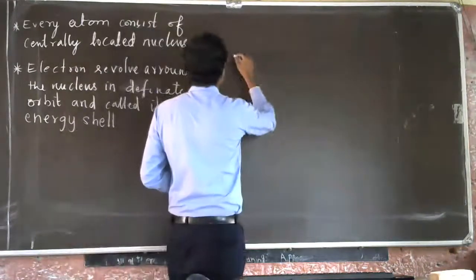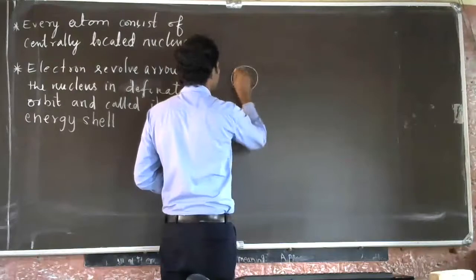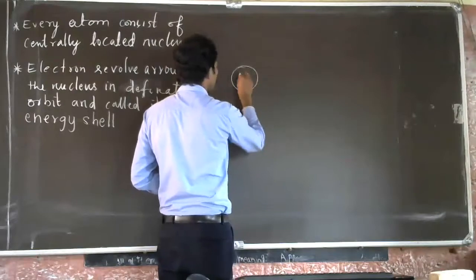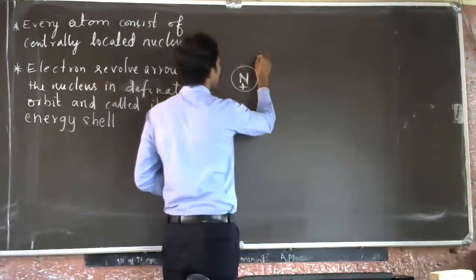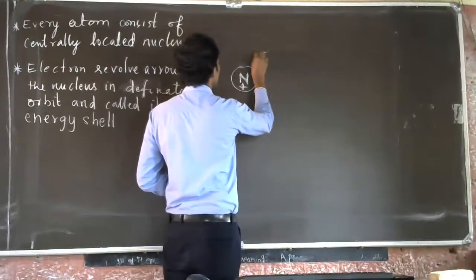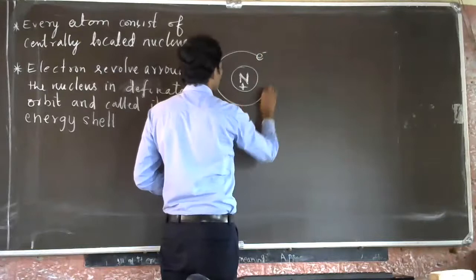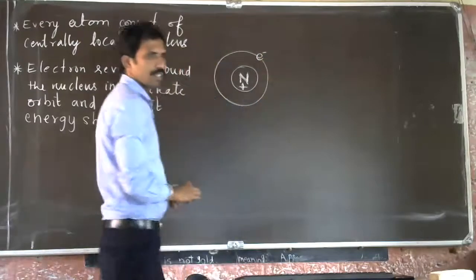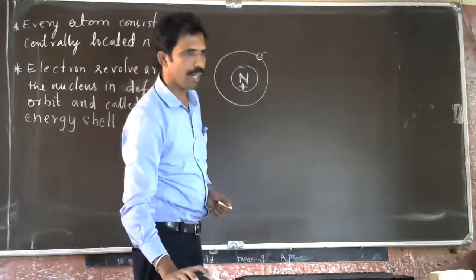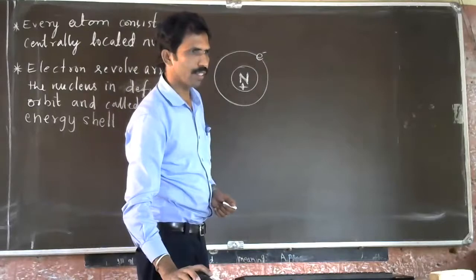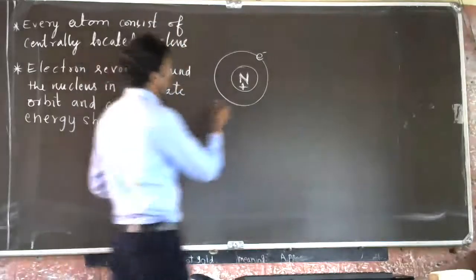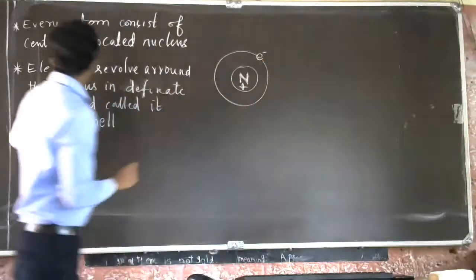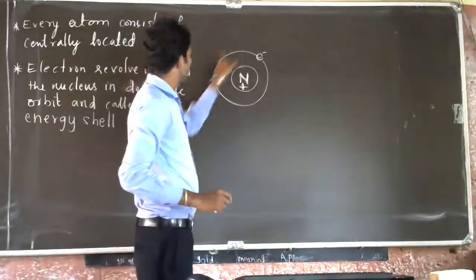Say this is an atom that contains a nucleus, and you know that the nucleus is positively charged, and electrons revolve around the nucleus in a definite orbit. This was proposed by him. This is the first point.